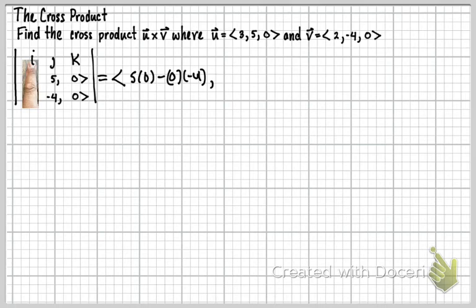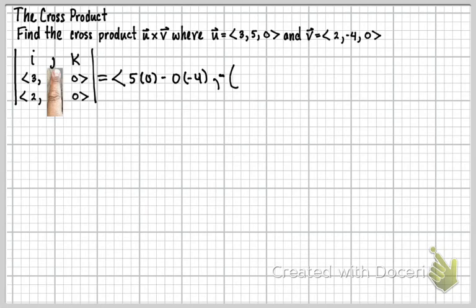And then for the second entry, I cover up the second column with my finger. And remember for this one I have to negate it. So whatever I get, it's going to be minus. I'll use a bracket. Then that would be 0 times 3 minus 0 times 2.